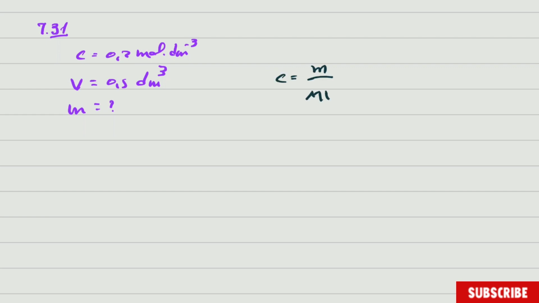Concentration is equal to 0.2 mole per cubic decimeter. Volume is equal to 0.5 after converting to cubic decimeter. And then we're looking for mass. The formula we're going to use is concentration equals mass divided by molar mass multiplied by volume. So the only thing we don't have is the molar mass.